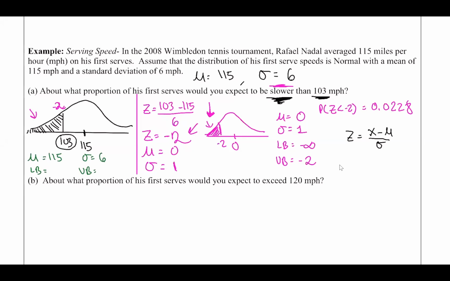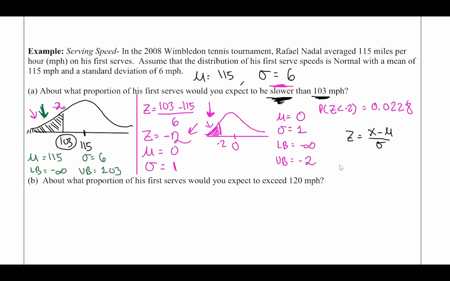If you look at this problem, now we're looking at this graph over here. What will be the lower bound of that graph that I just pointed at? Negative infinity. Yeah, negative infinity. What's the upper bound of that graph? 103. Yeah, 103.